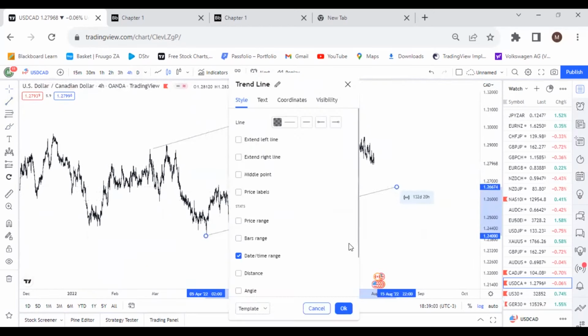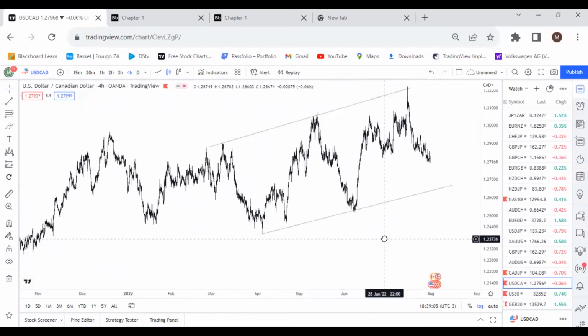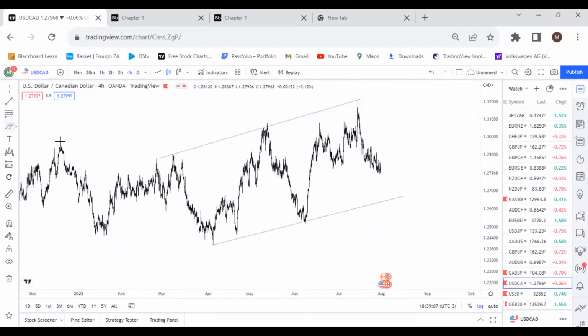And as you can see, we have an ascending structure. We have our 1, 2, 3 touches on our resistance, which in this case we look at instead of counting the ones at the bottom at the support, because this is an ascending structure.